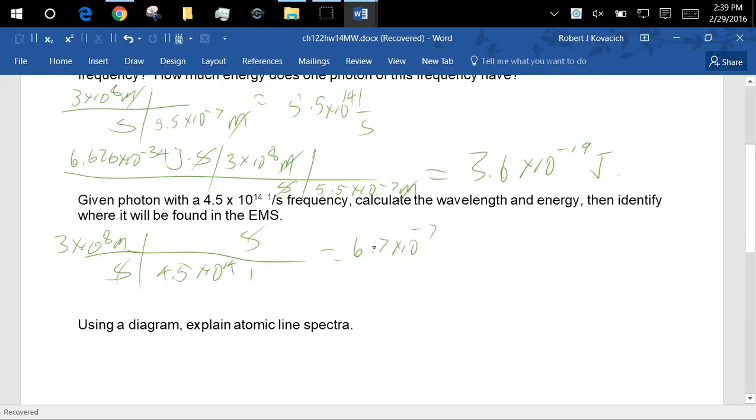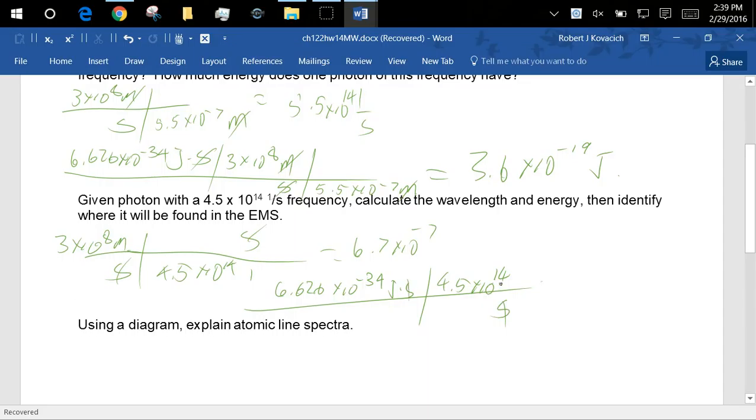And now we're going to calculate the energy. I'm going to do that by 6.626 times 10 to the negative 34 joules times seconds. And then I'm going to multiply by what was given, 4.5 times 10 to the 14th, not negative 14th, per seconds.